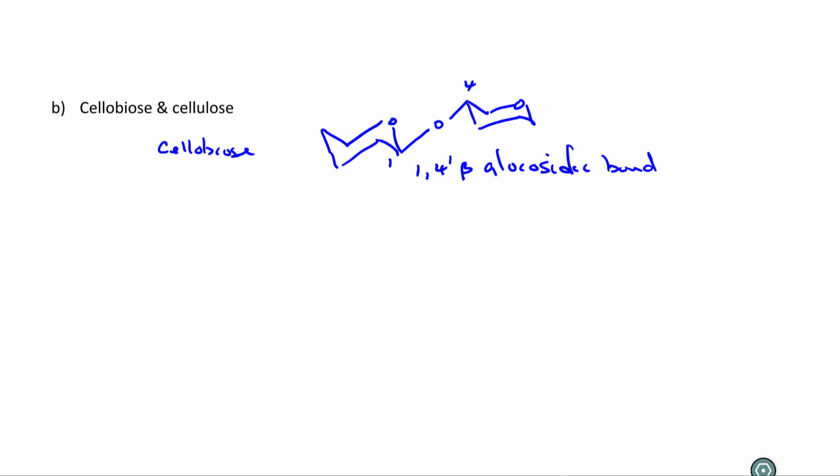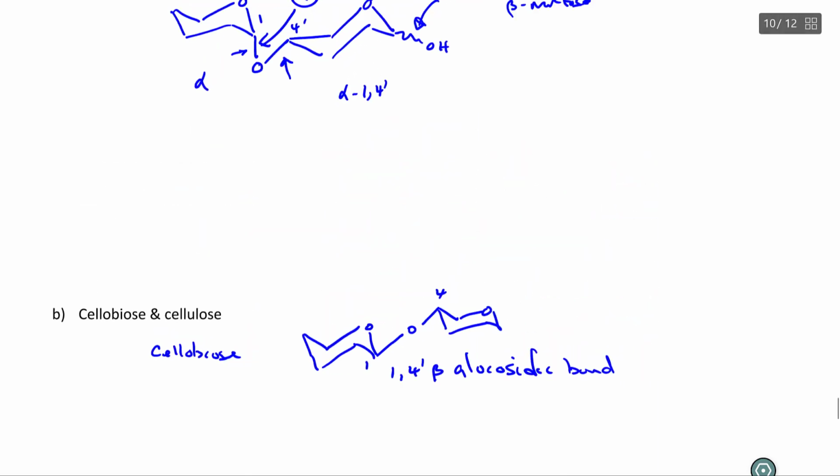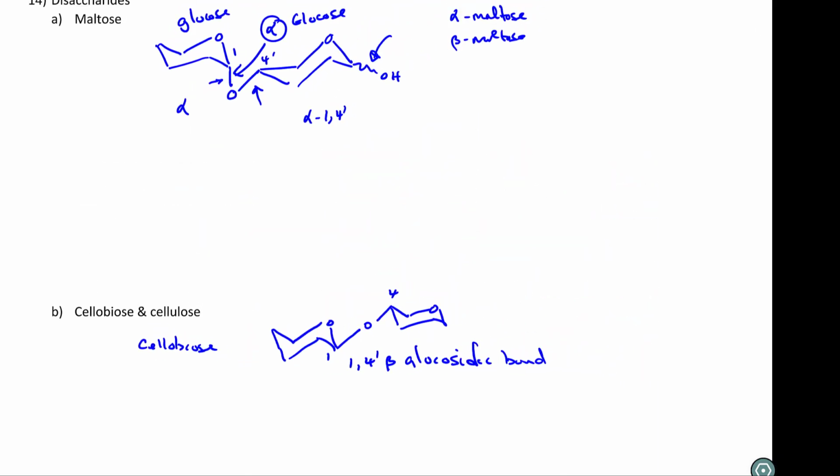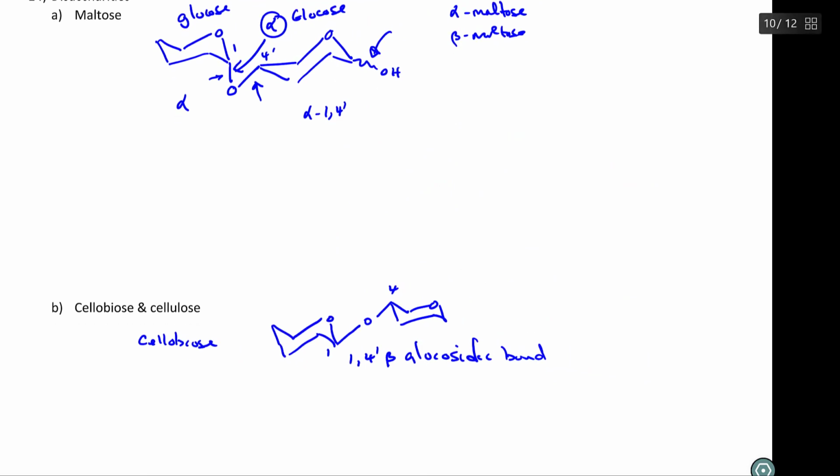So interestingly, if you look at these two structures, the alpha glucose, the maltose, is easier to break this bond because the anomeric effect stretches that bond out by occupying the antibonding molecular orbital, and in cellobiose, this bond is actually stronger than in maltose.